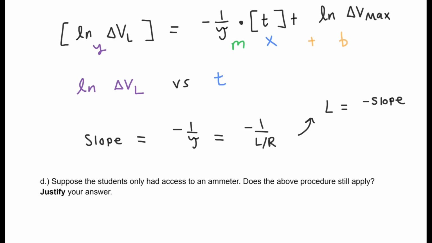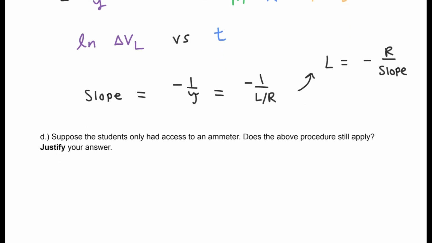And after taking the negative of the slope, we'd have that sort of resistance on top. Because if slope is negative R over L, then that means that L is negative R over the slope.